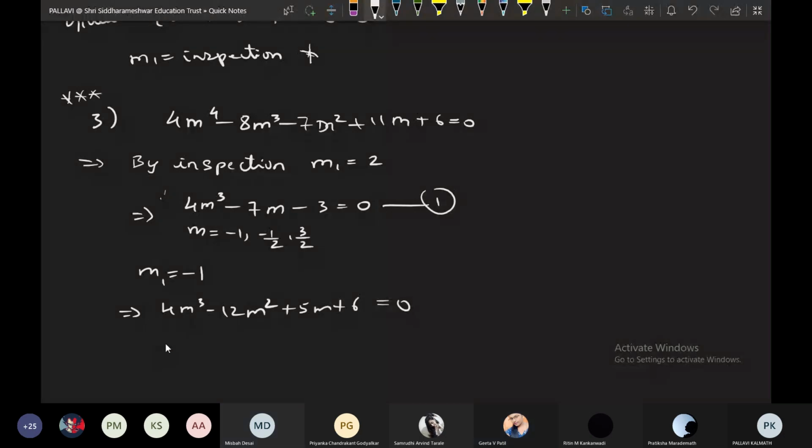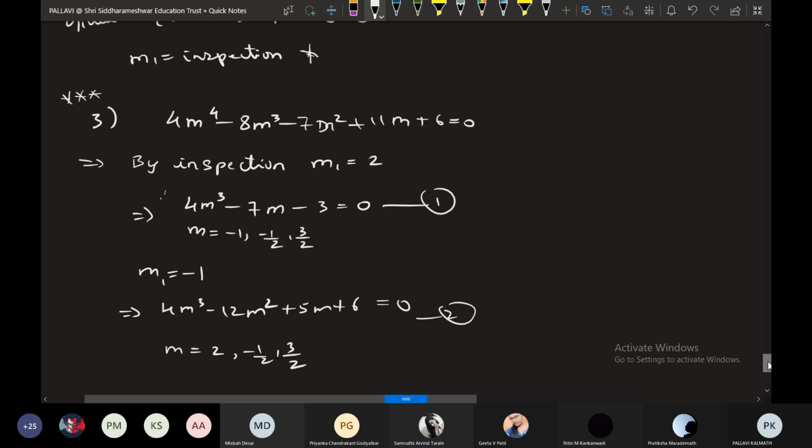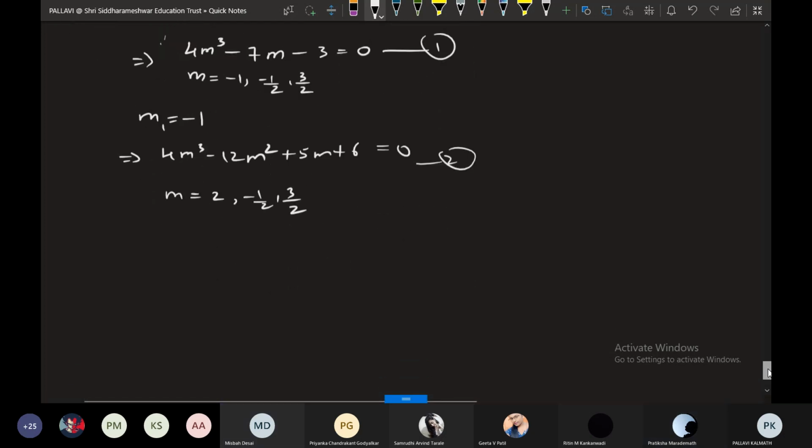And for the second cubic equation, minus 1 is already obtained, so you get 2, minus 1 by 2 and 3 by 2. Then finally, these are your 4 roots: minus 1, 2, minus 1 by 2 and 3 by 2. All are real and distinct.